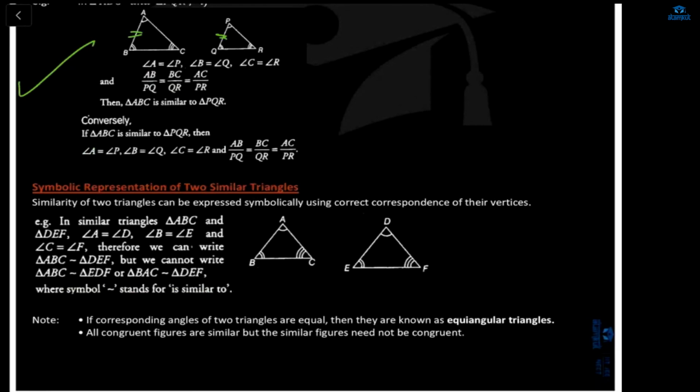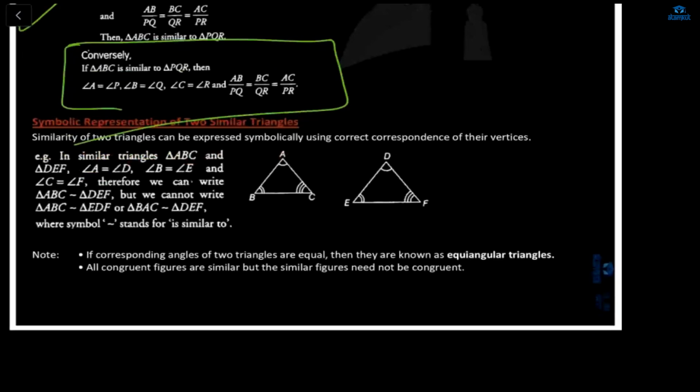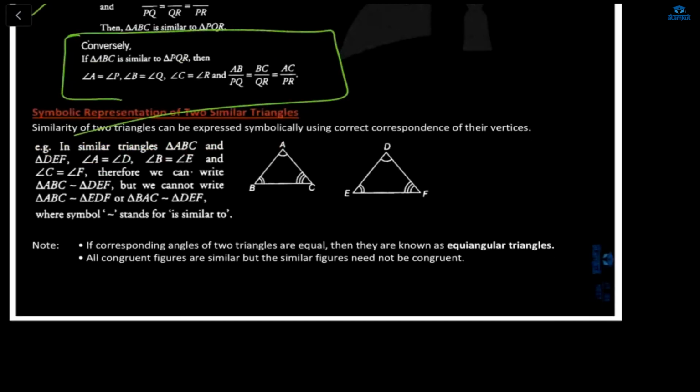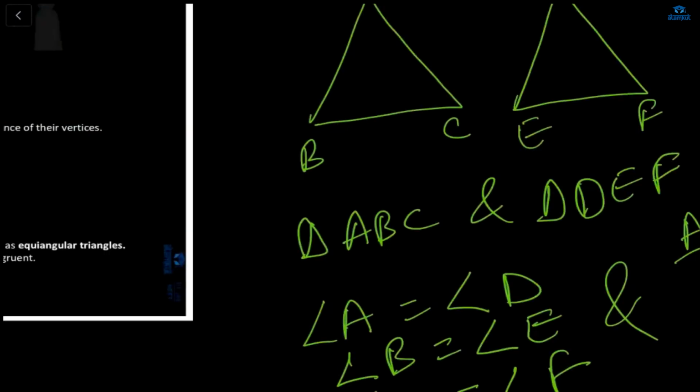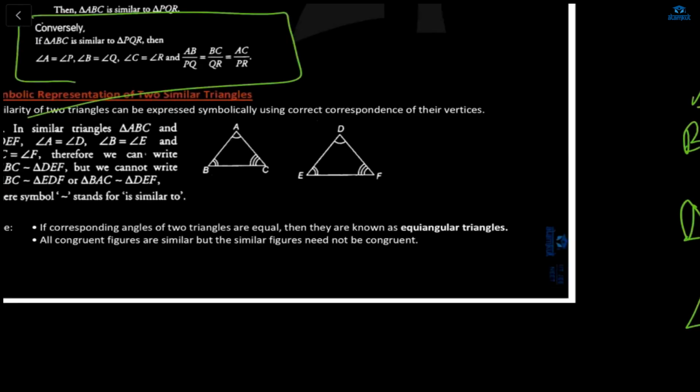Understood? And the converse, that if the triangle is similar, that means both the conditions exist. The converse is also there. That if both the triangles are similar, that means their angles are equal and their ratio of the sides are equal. Now, symbolic representation of two similar triangles. If both are true, then the triangles are similar.